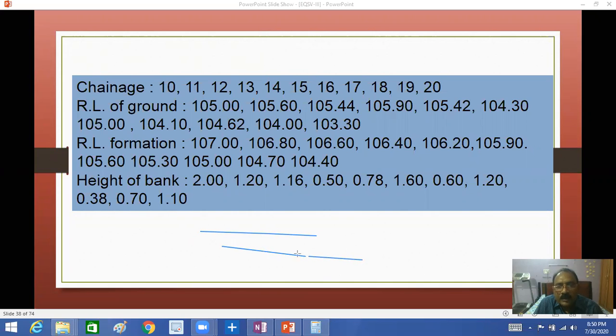This is 1:150 and this is 1:100, from the 14th to the 20th chain. This is how you have to understand it.